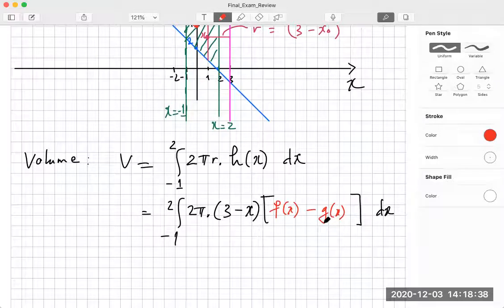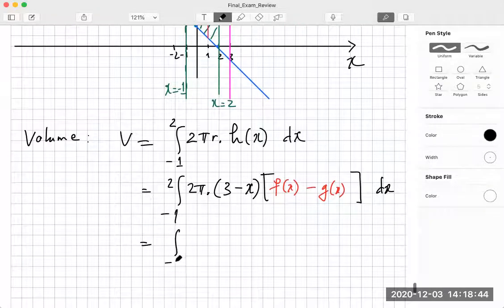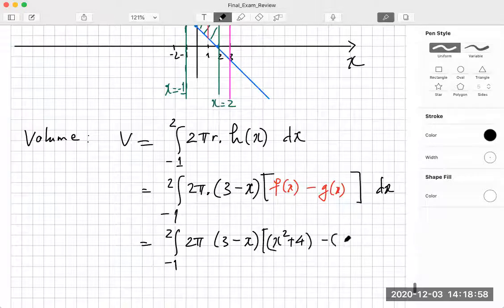So we have everything. Let us substitute it: from -1 to 2, 2 pi, 3 minus x, f of x is minus x squared plus 4, subtract g, where g is minus x plus 2, dx.